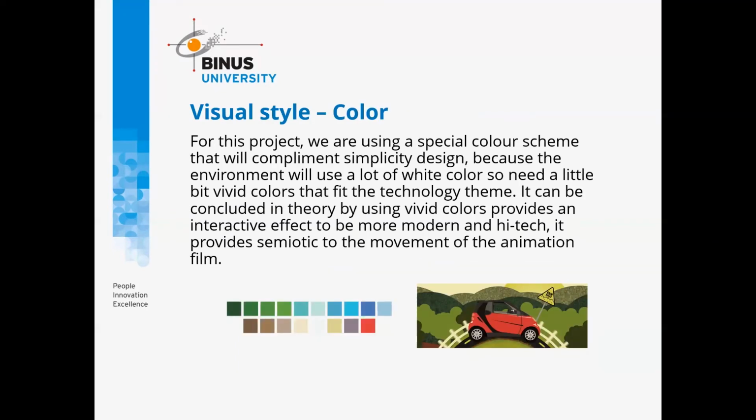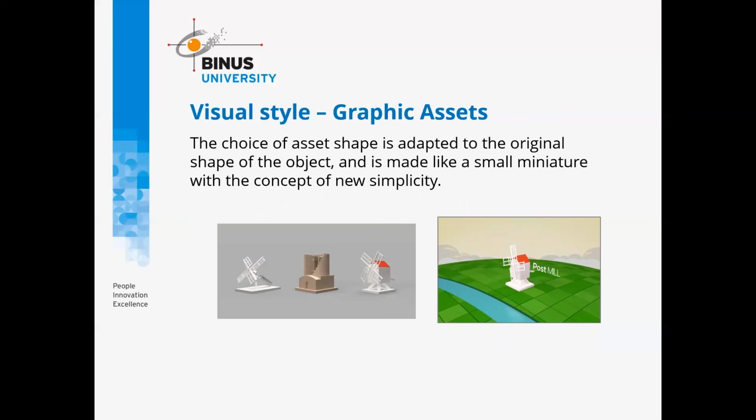For this project, we are using a special color scheme that will complement the simplicity of the design itself. We are going to use a lot of white, and because of that, we need a little bit of vivid color that fits the technology theme and goes with the visual style of the graphic assets.